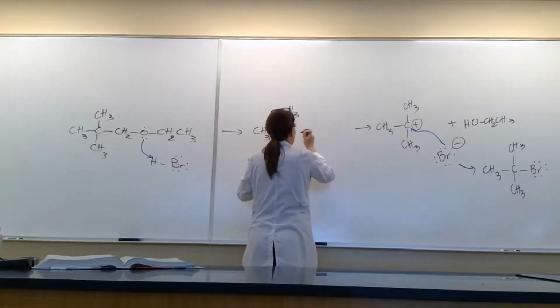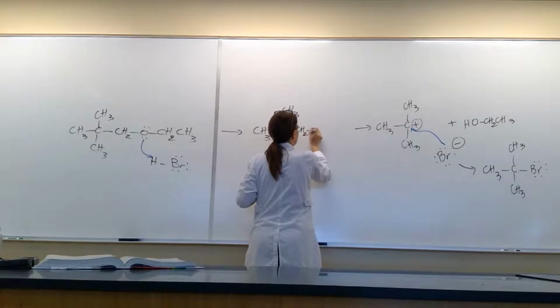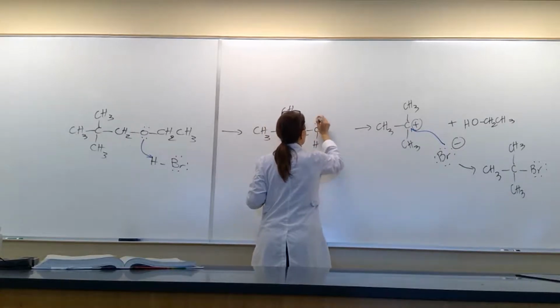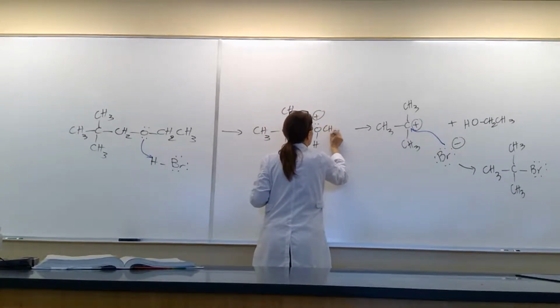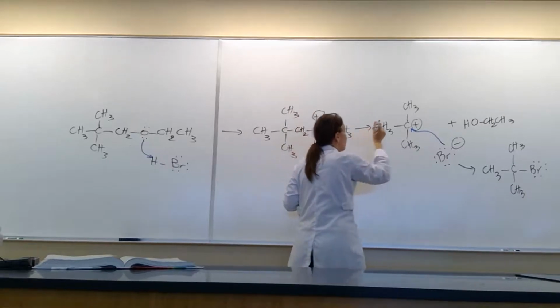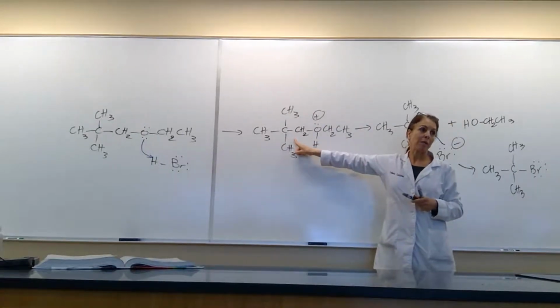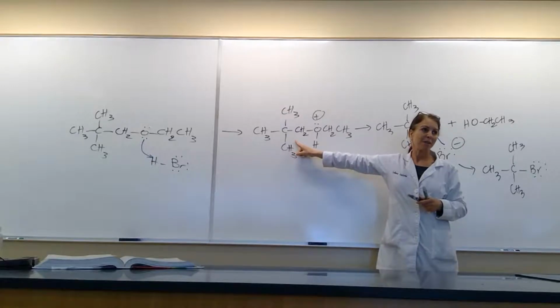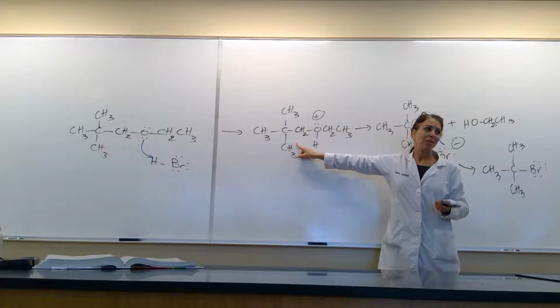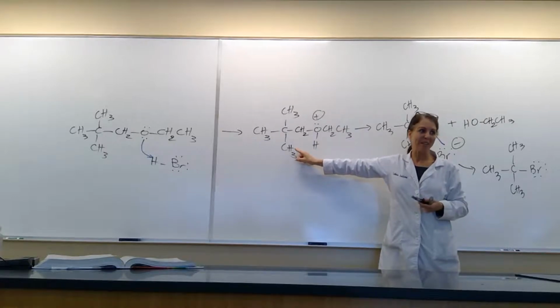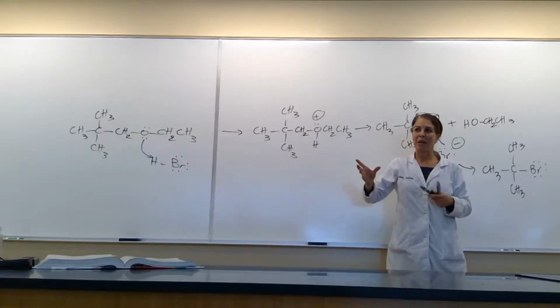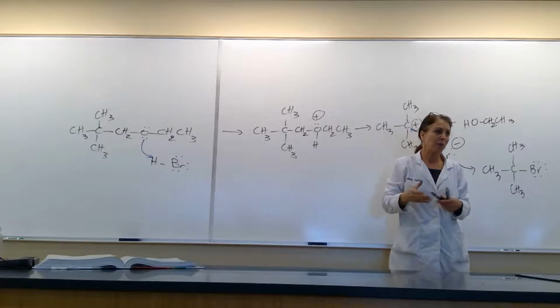First step is definitely protonation. But in the second step here, you can't have a carbocation unless there is a methyl shift or hydride shift. So remember, if you can do a shift to get a tertiary carbocation, you will have the carbocation first.